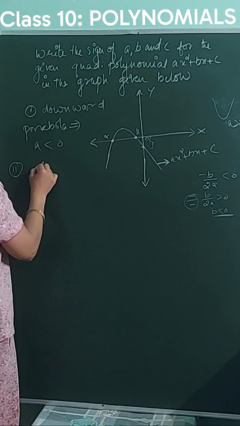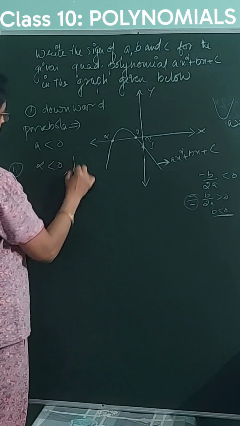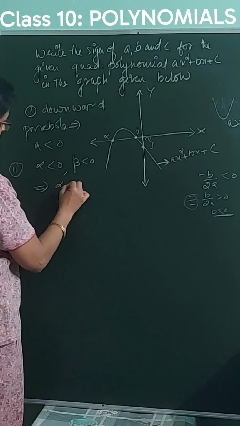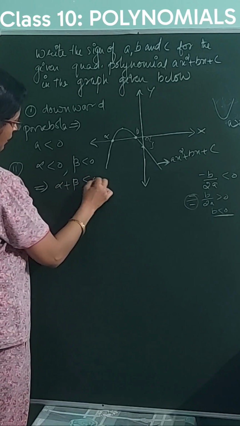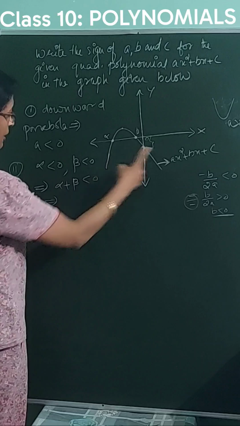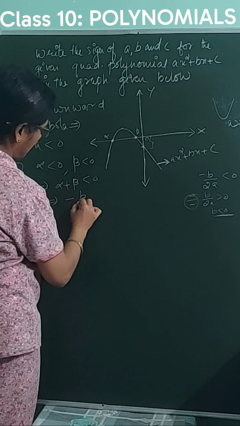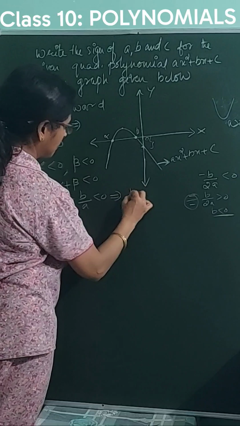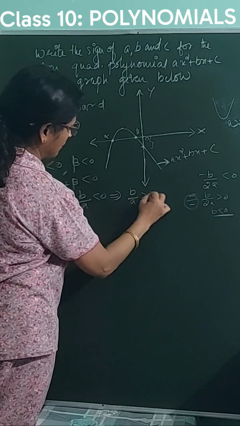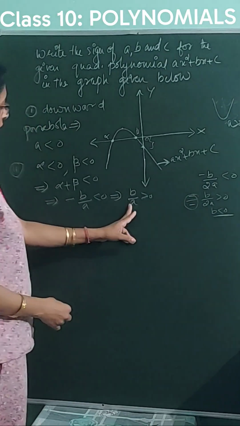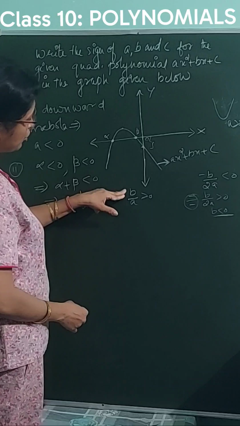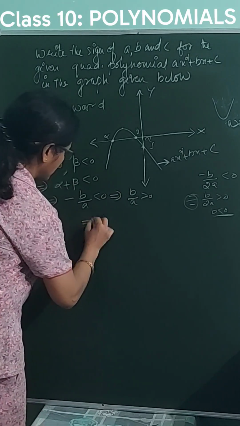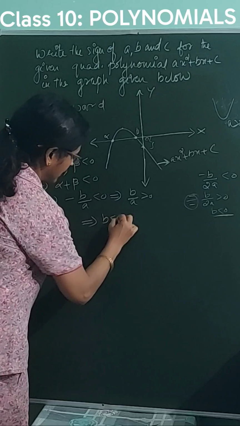So alpha plus beta will be negative, and alpha plus beta is minus b by a. Minus b by a will be negative, or we can say that b by a is positive. Same as here, since a is negative, b should also be negative. Then only negative by negative we get positive. So this concludes that b is negative.